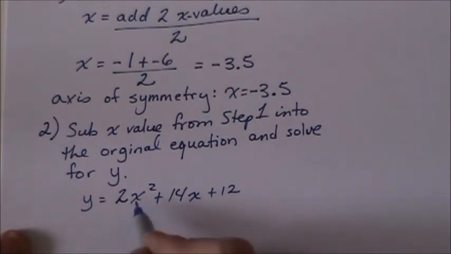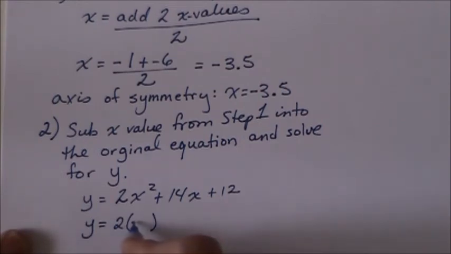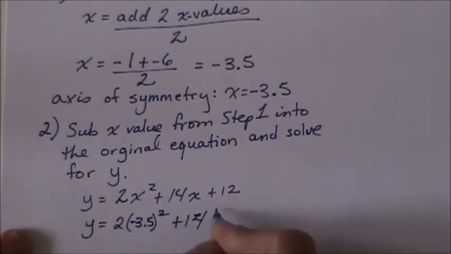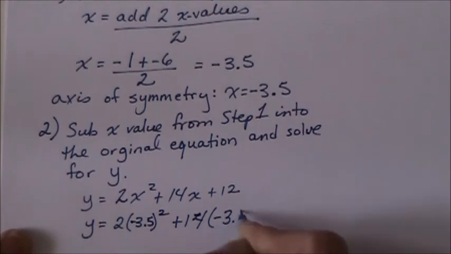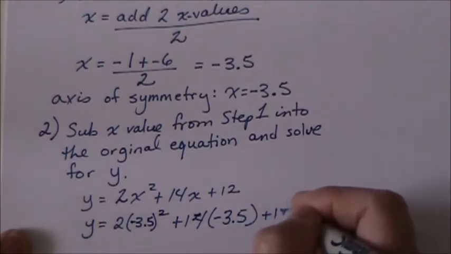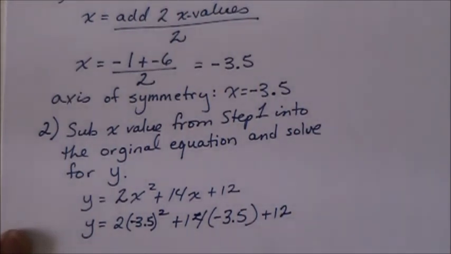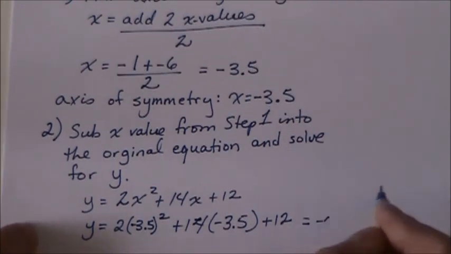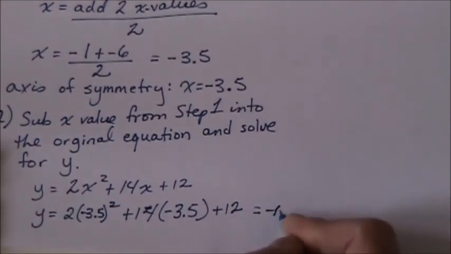So replacing all of our x's with the negative 3.5, we get y is equal to 2, in brackets, negative 3.5 with the squared on the outside, plus 14 times negative 3.5, plus 12. And what we find is that comes out to be equal to negative 12.5.